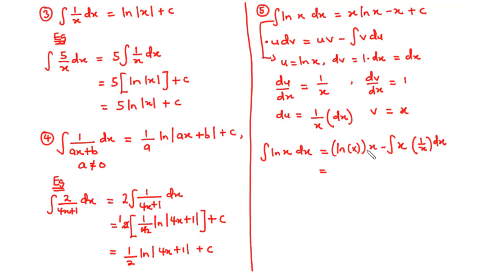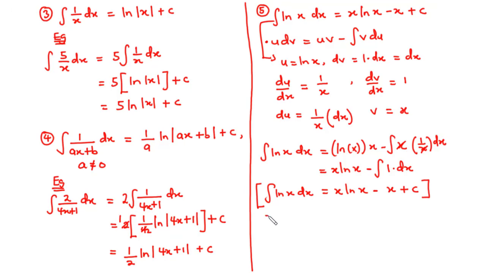So this becomes x times ln of x minus, x cancels out x, and so we are left with the integral of 1 dx. So we have x ln of x minus, now when you integrate 1, which is a constant, with respect to x, then you have x, and then you add the constant value c. Therefore when you integrate ln of x with respect to x, then you have x ln of x minus x plus c.